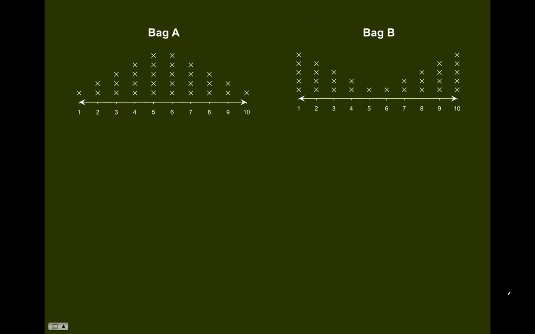Here's another example. In this case, again, I've given you both distributions, and again, we may be talking about a bag. Some of the examples in the book use vouchers, right? So this bag could be bag A, could be bag B, we don't know. What we would do is establish a theory.